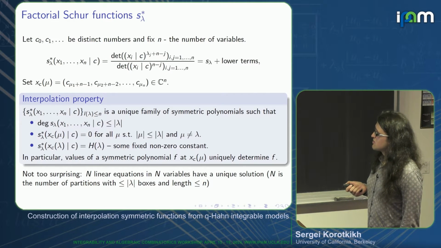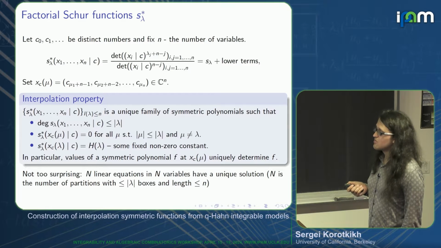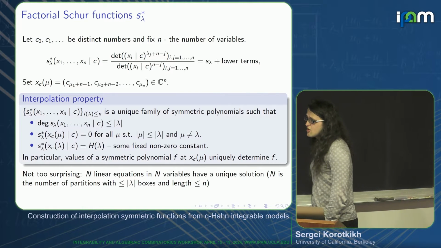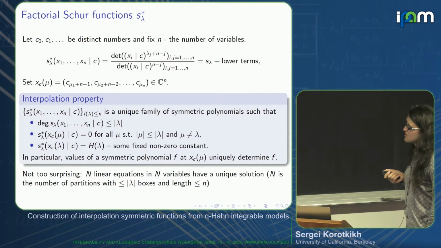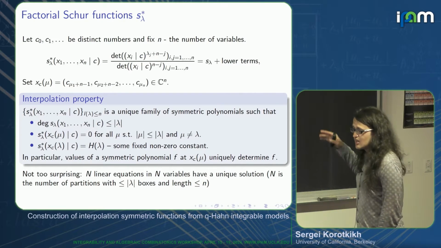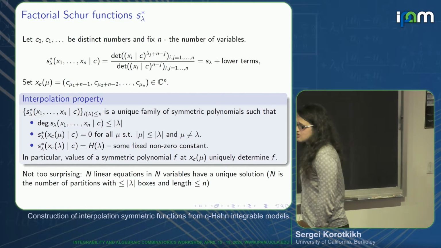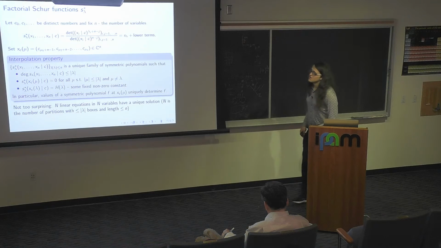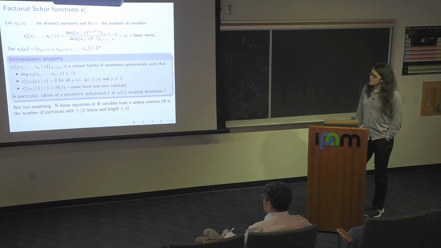It's easy to see from this formula that these shifted powers of x are just x to some power plus lower order terms. So from this expression, it's not so hard to see that this ratio of two determinants will actually be a Schur function plus lower terms with respect to the natural grading of the ring of symmetric polynomials.